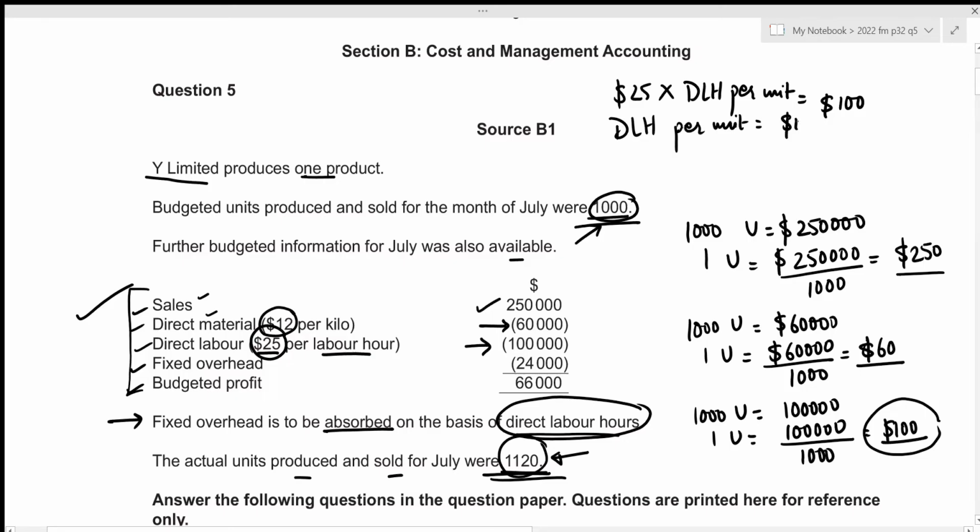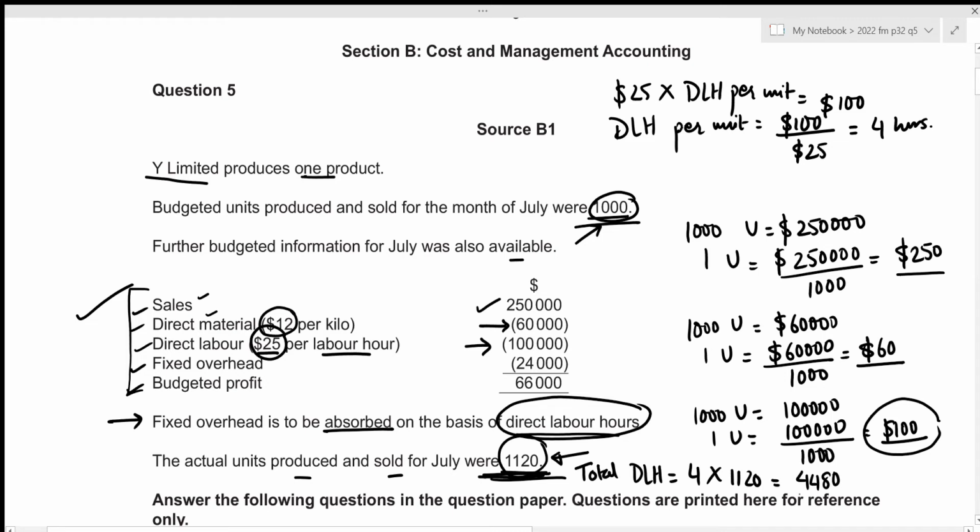That is just going to be 100 by 25, which results in 4 hours. Now let's figure out the total direct labor hours for 1120 units. So total direct labor hour is just going to be 4 times the number of units, which is 1120. And this results in the total direct labor hours required for our actual production to be 4,480.